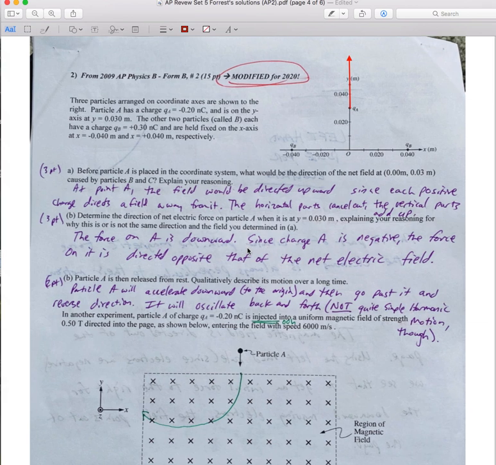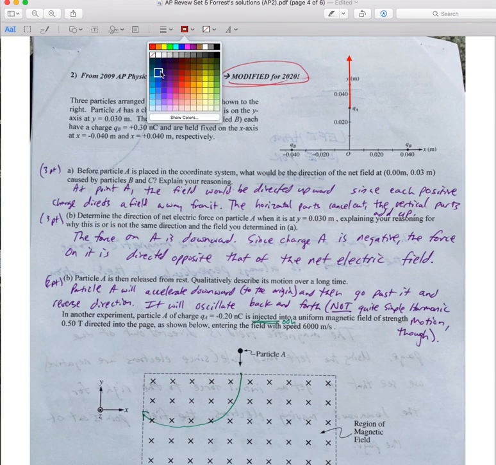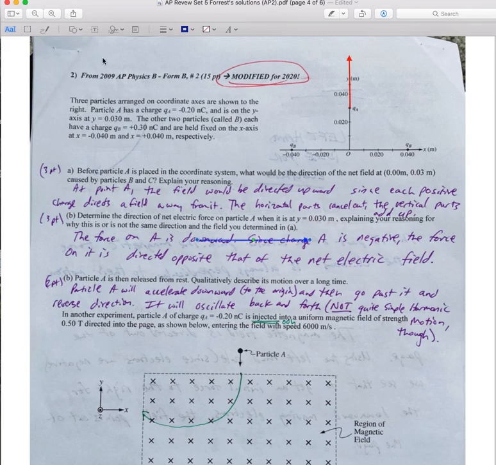So since this charge is negative and the field is pointing upward here, the charge will accelerate downward. It has a net force downward. Why does it have a net force downward? Well, I will tell you that. It is because we have electric field which points from positive to negative.